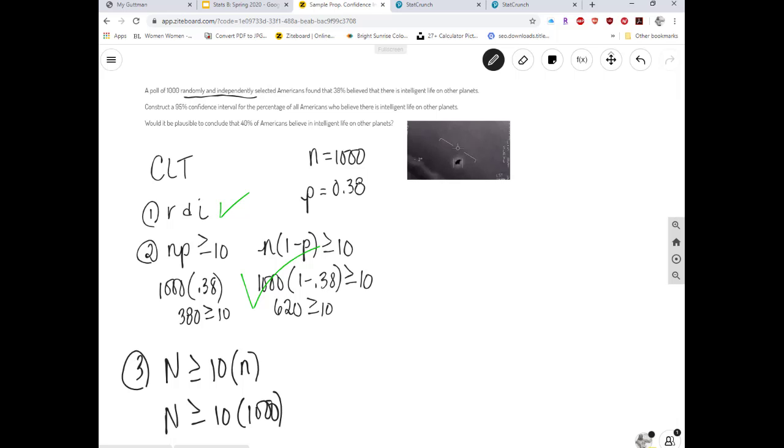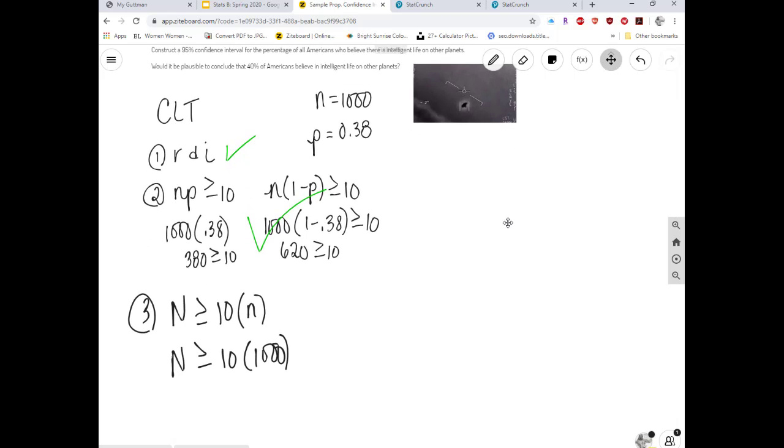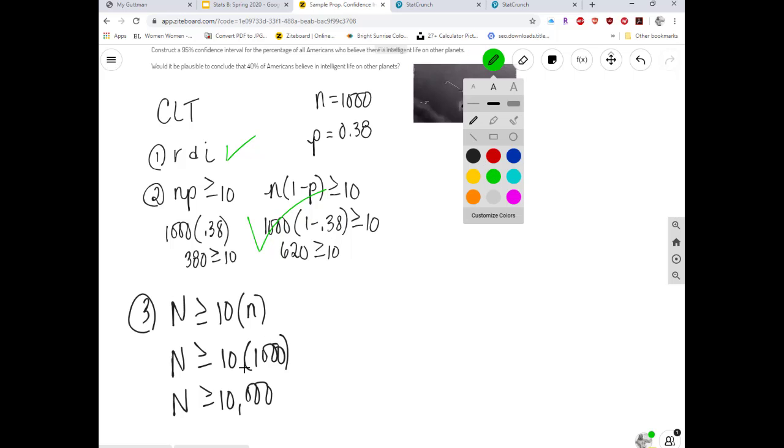Are all Americans, which is my population, more than 10,000 Americans? Yes, definitely. So we're going to go ahead and hit check.